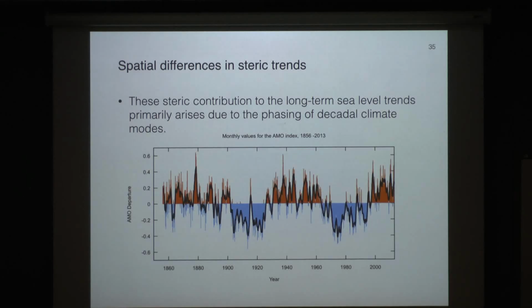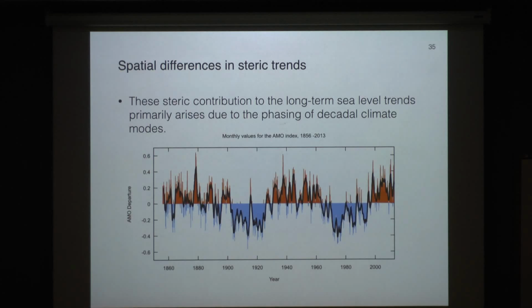And these differences are primarily due to the phasing of low-frequency climate modes, like the Atlantic multidecadal oscillation or Pacific decadal oscillation. These modes are associated with wind variability, like I talked about earlier, that force the horizontal and vertical circulation of the ocean, moving heat and salt around and causing density changes.